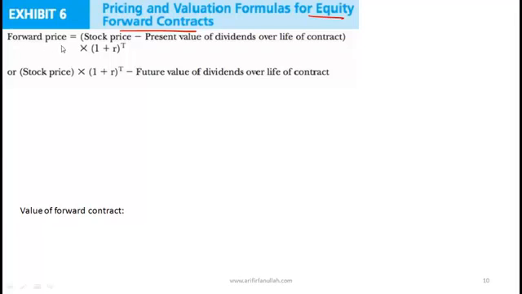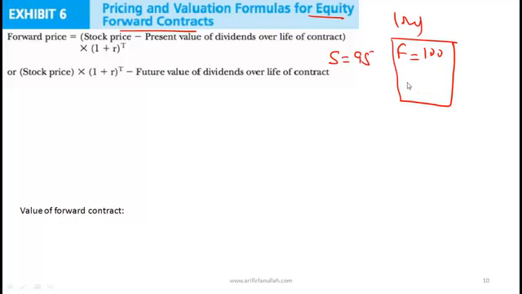The way you can think of this: if you take a long position, and a forward price is set at 100, let's say the stock is currently trading for 95, and you get into a forward contract to buy that stock for 100 after, say, 0.5 years. In between, if the stock pays any dividend, will the holder of the forward contract, the long party, benefit or not?